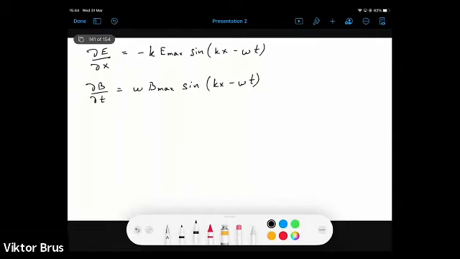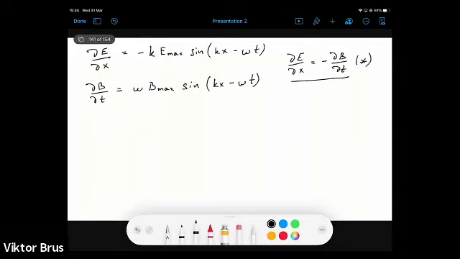Taking into account the prime equation, which we derived earlier, let us write it down here. It is dE over dx equal to minus dB over dt, which tells us that there is a relationship between the change of the electric field vector along the position of propagation of the electromagnetic wave and the change of the magnetic field vector with time. This is the equation prime, which we called the star equation.